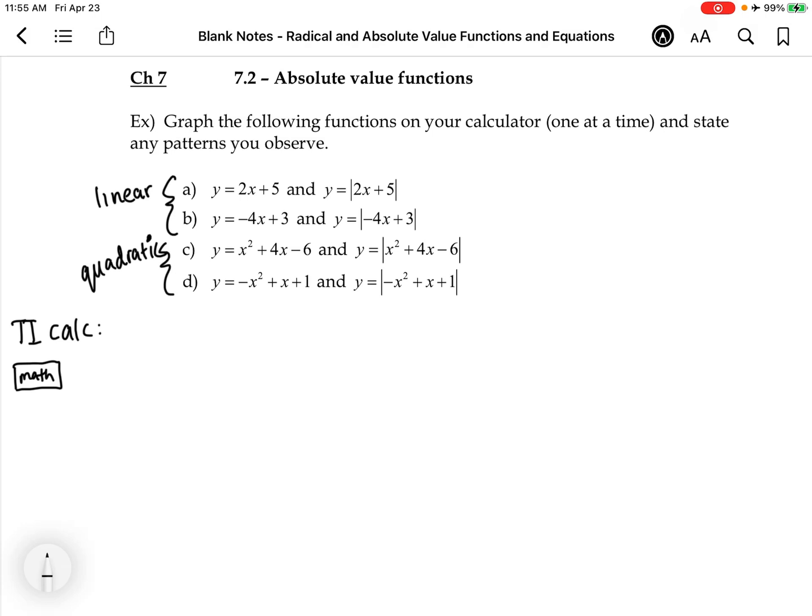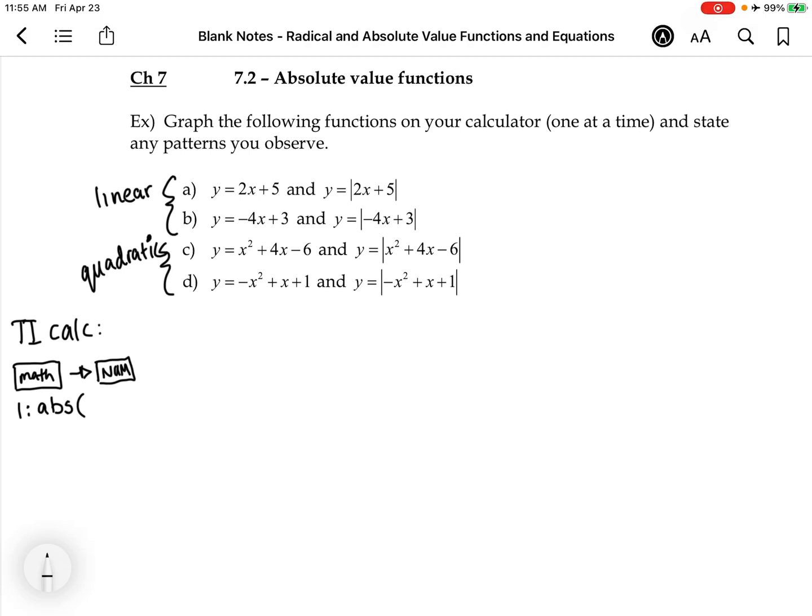Then you go over to the right where it says NUM, and you hit number 1 for absolute value. It'll open up a bracket, and whatever you put in the brackets, you have to close the brackets at the end, and the graphing calculator will take the absolute value of that. So that's how you enter an absolute value on your calculator.